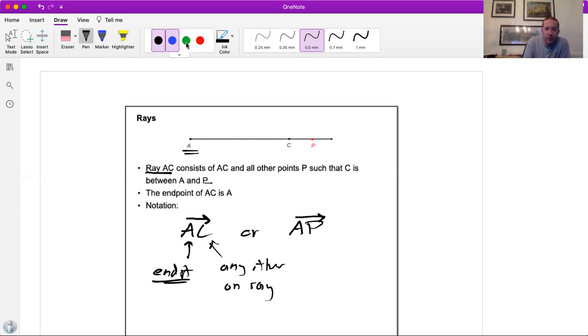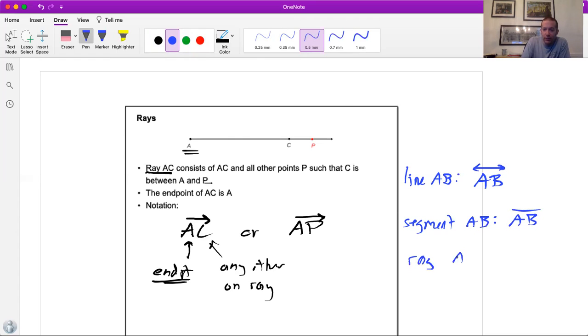So we've seen three different hats now. Just so we know, I want to write that over here. If I'm talking about line AB, I would write that like this. If I was talking about segment AB, I would write that like this. If I'm talking about ray AB, I would write that like this.